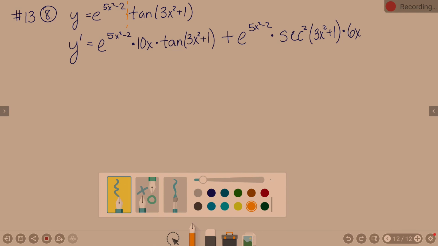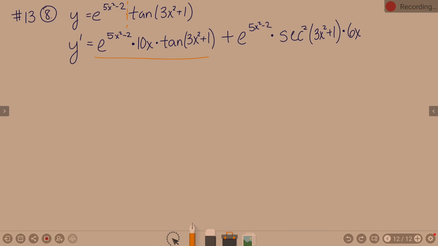Okay, realize you have two pieces here, and you can kind of clean them up a little bit. Although, now that I look at it, there's not a whole lot of cleaning, is there? Well, and I probably didn't. No, I did factor a little out there, didn't I? So there's a couple different ways we could leave this. One option, possibly. I don't like the 10x in the middle.